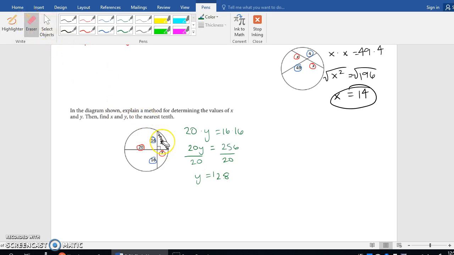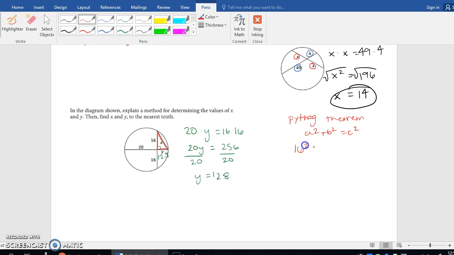Now that we have y, we can uncover this x again. And this little piece right here, make it in green, is 12.8. Now, if you'll notice, what shape is this? A right triangle, so we can use Pythagorean theorem. A squared plus b squared equals c squared. We are solving for x, which is the hypotenuse.